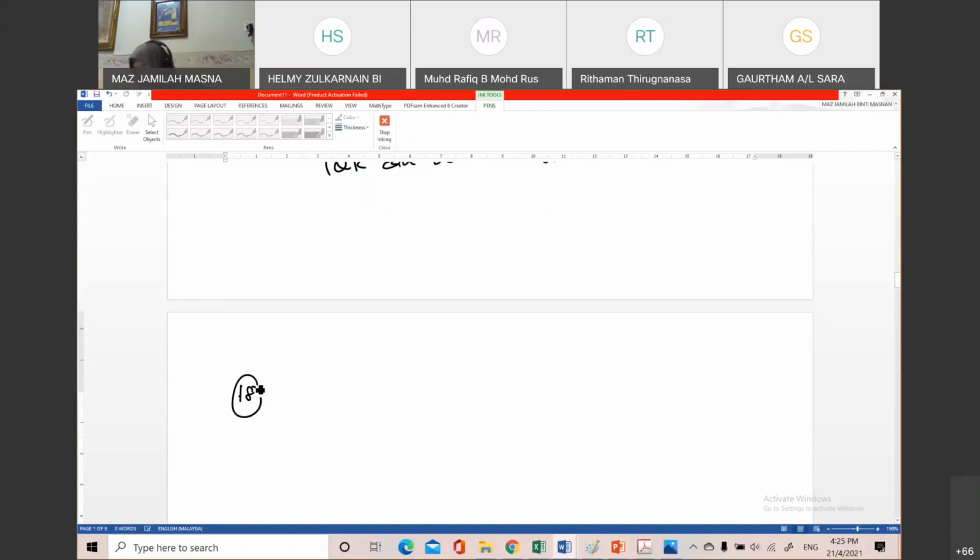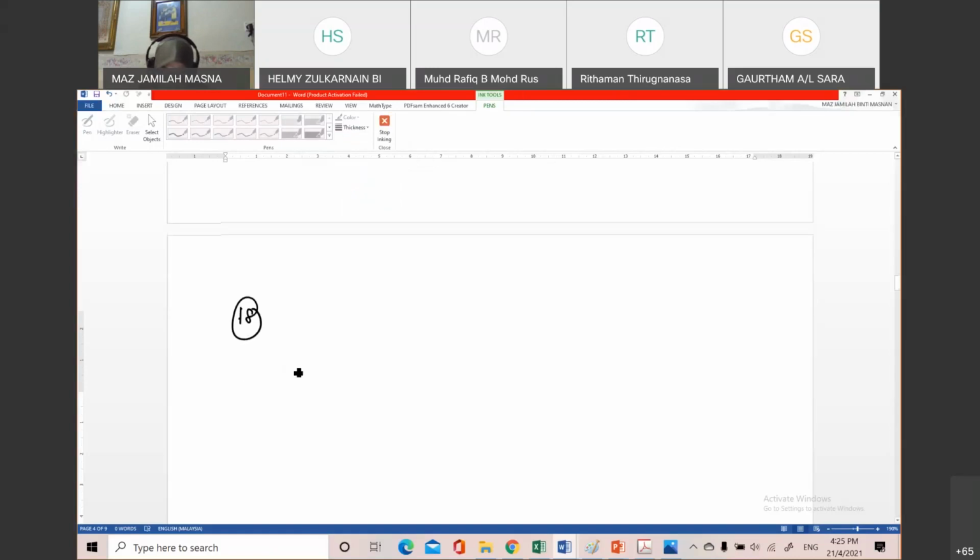Now, when we talk about this one, what was the question? Measure of central tendency for a skewed and symmetric. Okay, so let us illustrate in terms of two different distributions.